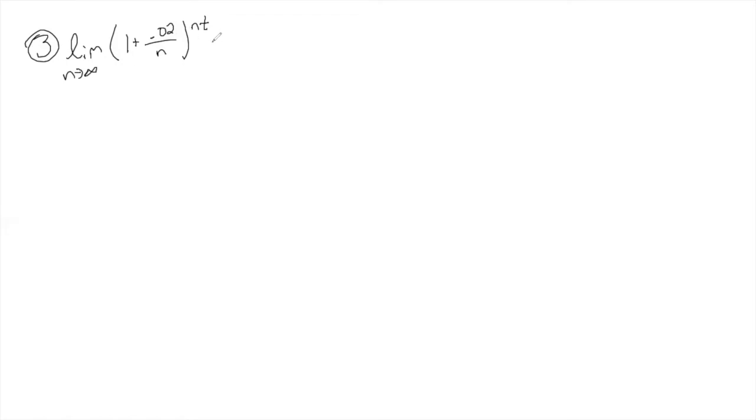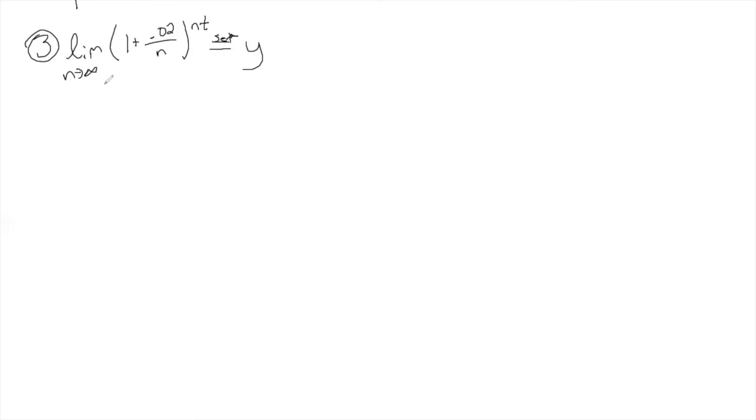When I have something of this form, use your placeholder, right? If it's something you can't evaluate, of course, I should be plugging in each time. But 1 plus this as n goes to infinity, well, this goes to 0, so this is 1. And then n pulls t to infinity because t is just a constant with respect to this problem. So this is 1 to infinity, and again, that's an indeterminate form. That's something that we've seen.